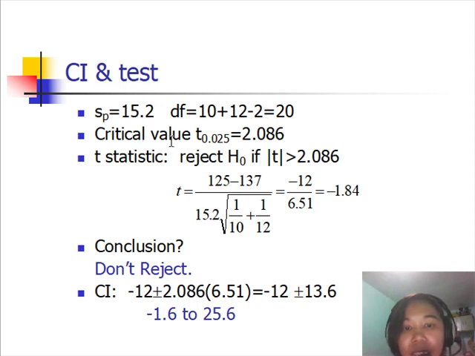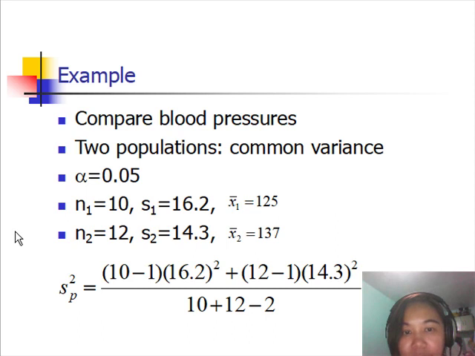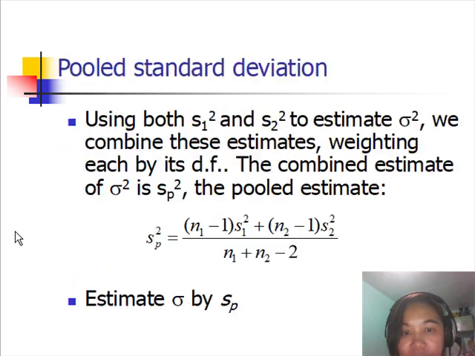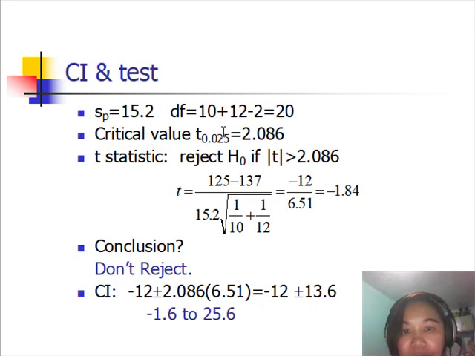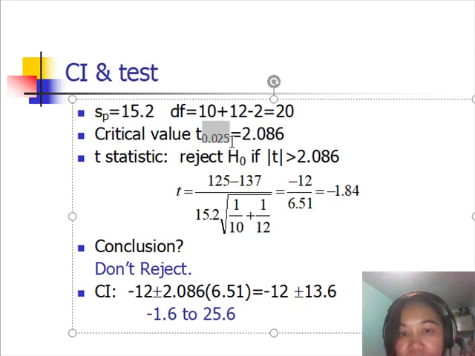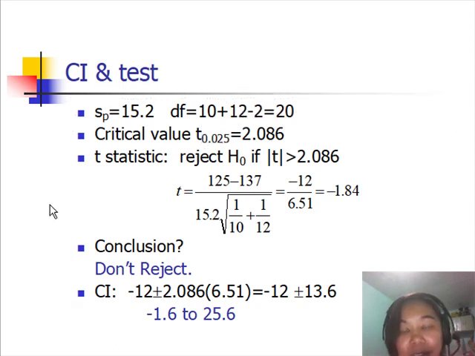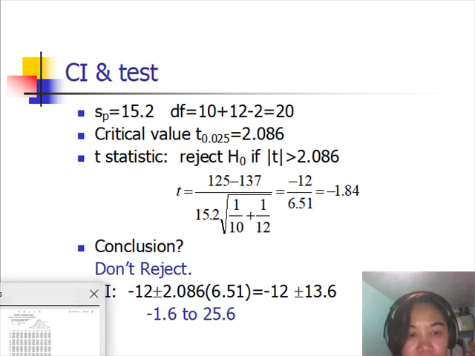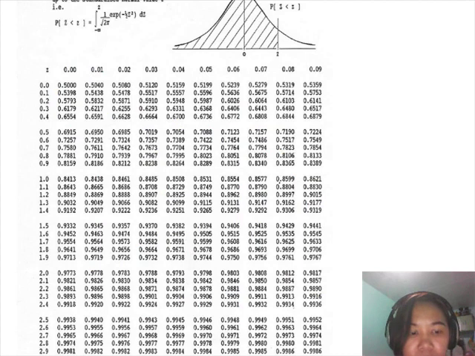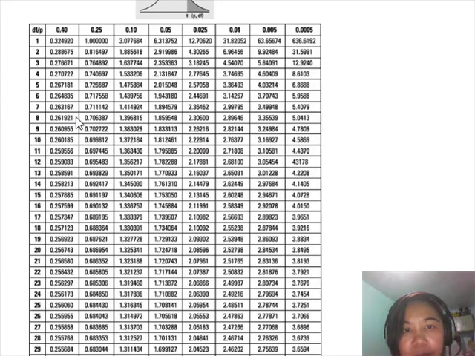Okay, so for the critical value, since it is a two-tailed test, we have here 0.025 because alpha is set to 0.05 divided by 2. We'll get 0.025. Let's try to look at this critical value in the t-table. Okay, this is our t-table.